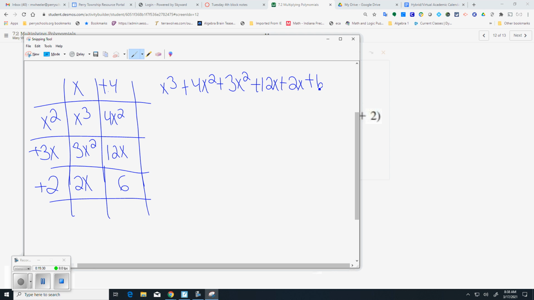And then we combine our like terms, so we got x to the third plus 4x squared plus 3x squared, that would give us 7x squared. And plus 12x plus 2x, that would give us 14x plus 8. And that's our final answer for this one.